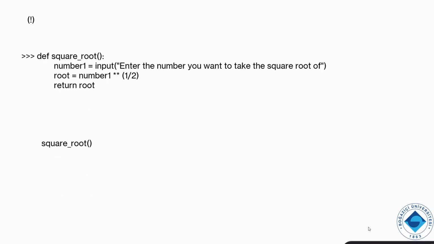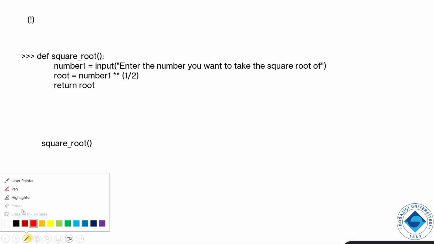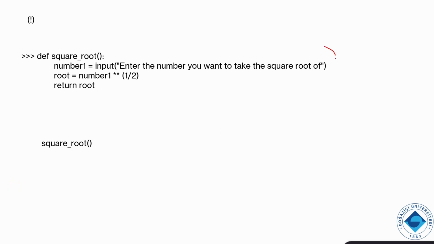Okay, likewise, we have example here. We try to find square root of any number by asking the user, right? You can define a function like that one. Okay, and here we are calling the function by typing square root. Then it will come here.